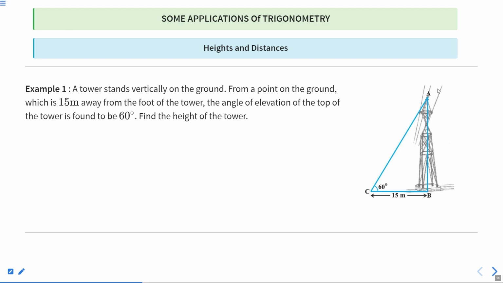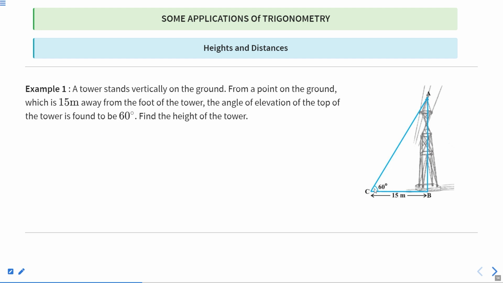From a point on the ground which is 15 meters away from the foot of the tower, the distance from B to C is 15 meters, and the angle of elevation of the top of the tower is found to be 60 degrees.